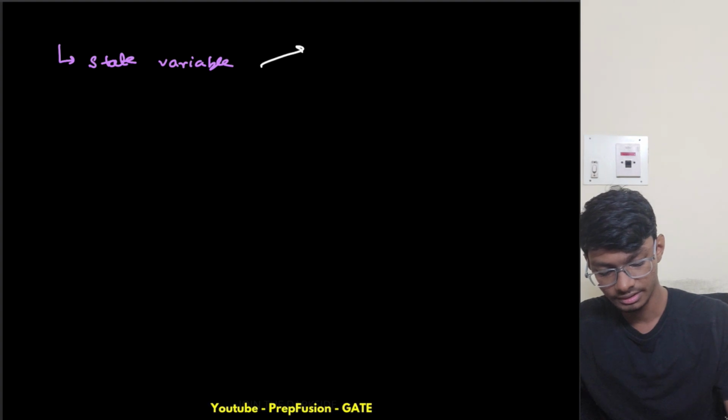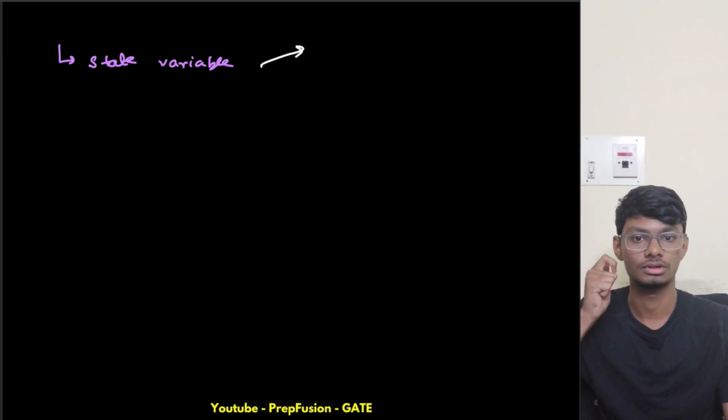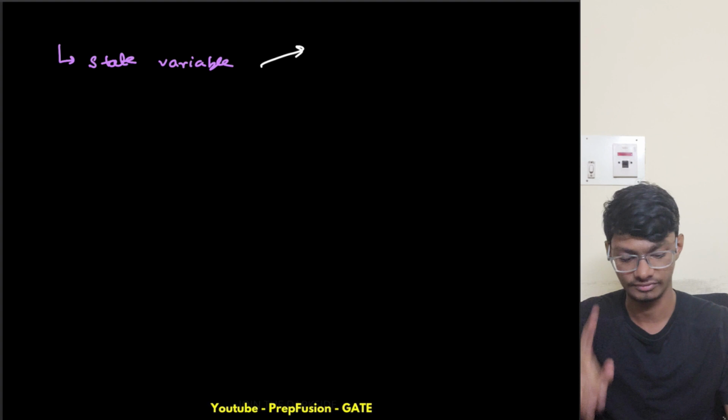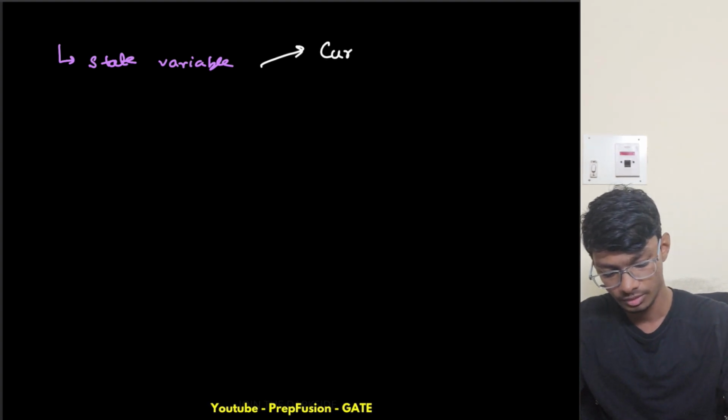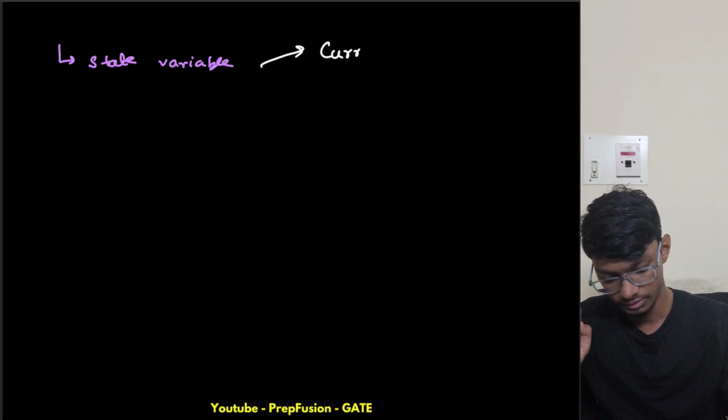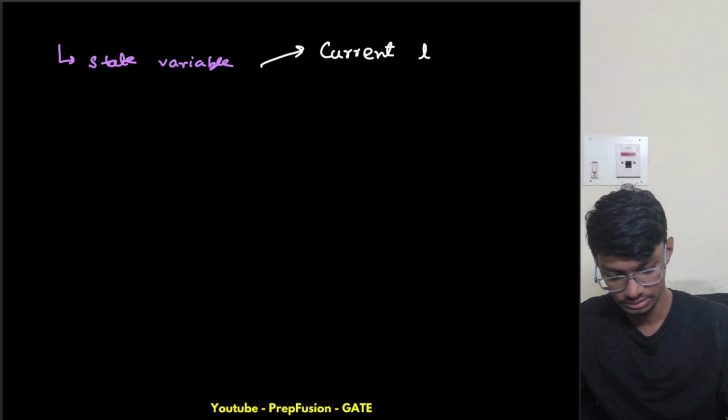Whenever I see an inductor, my main aim will be to take the current as the state variable for the inductor. Why? Because I will write the equation, and from there you will understand.